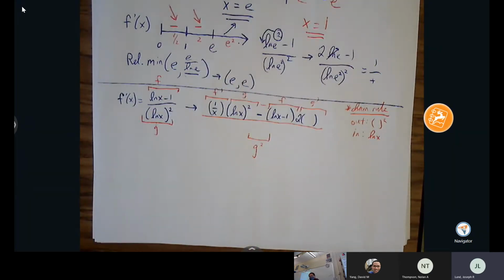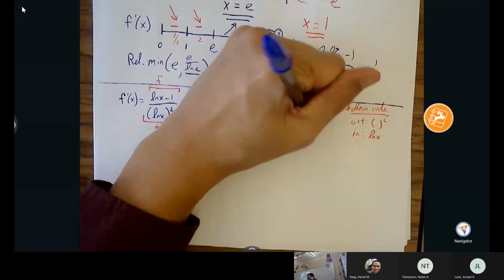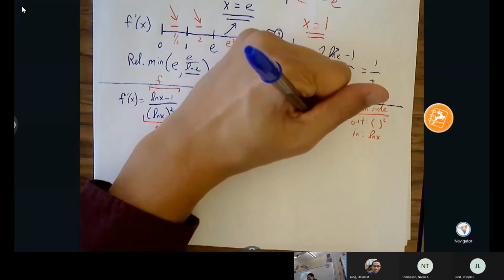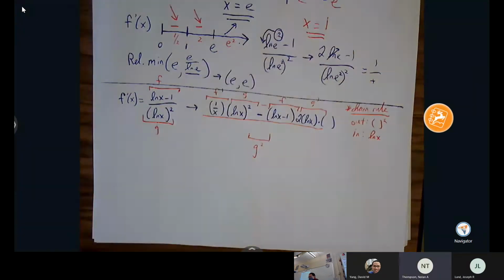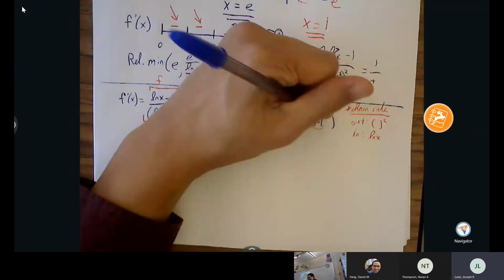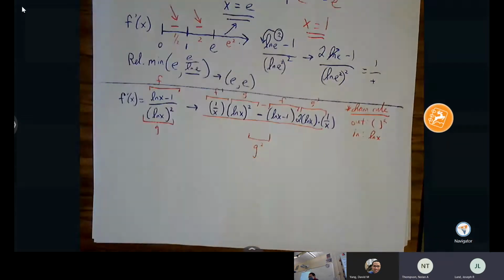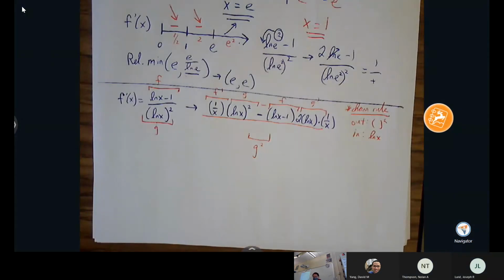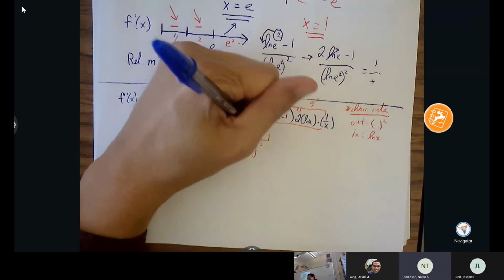Yeah, you can just leave it like that. Inside stays the same. Times the inside's derivative. Would it be 1 over x again? Good. All over ln x to the fourth.